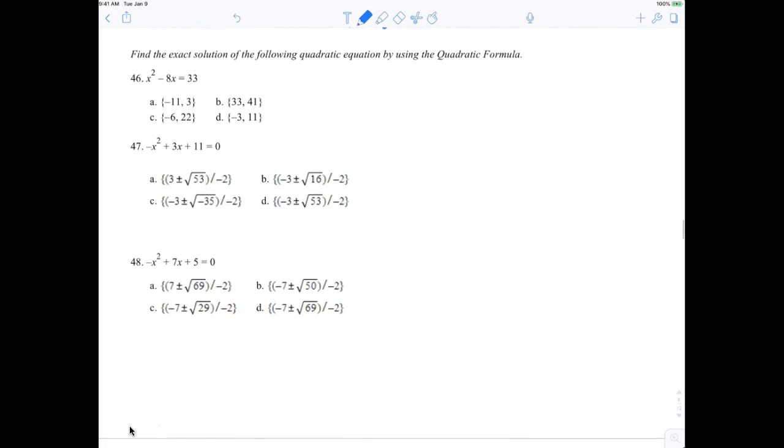All right, so now on 46, solving. It says solve by using the quadratic formula. But would I solve using the quadratic formula when I look at my answers? That just means it's easier to factor it. I'm not going to use the quadratic formula on that if it's real quick to factor. So here we go. X squared minus 8x minus 33 equals 0.